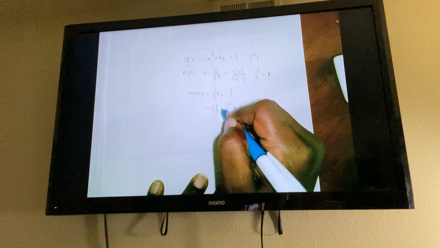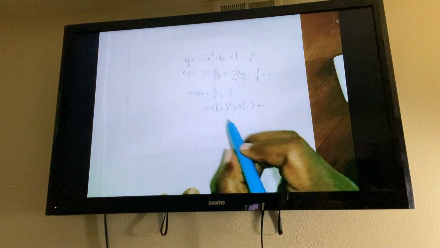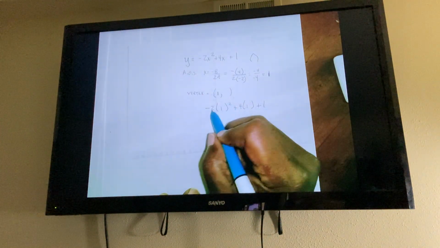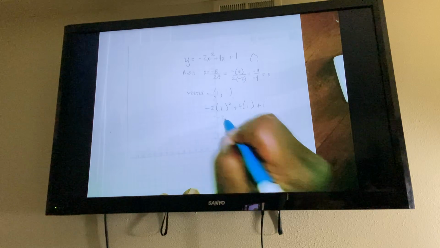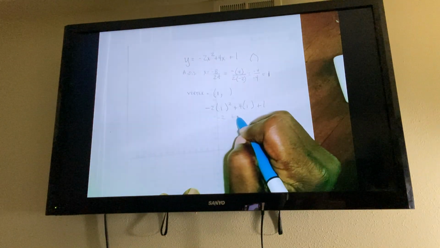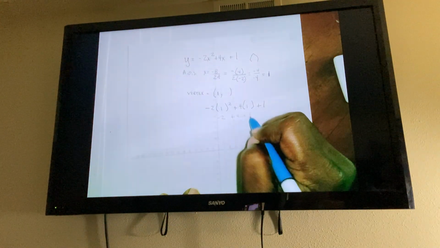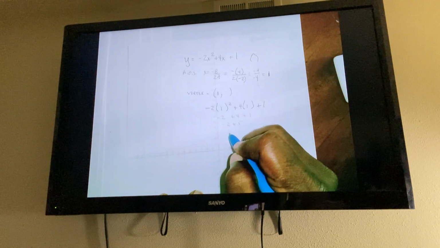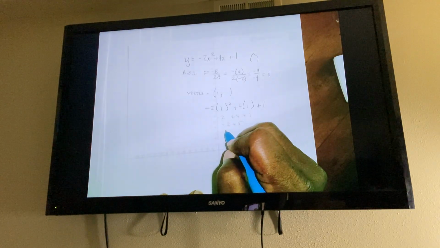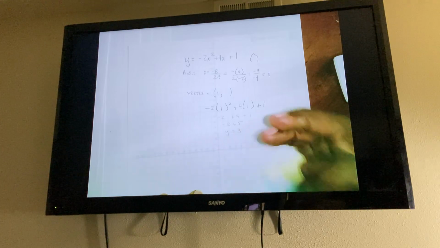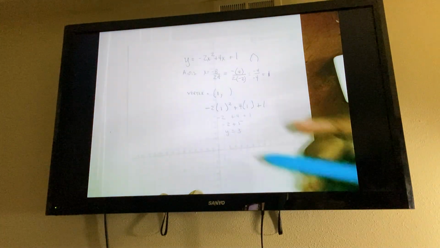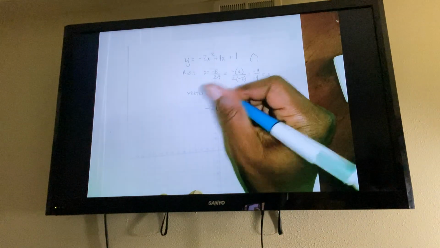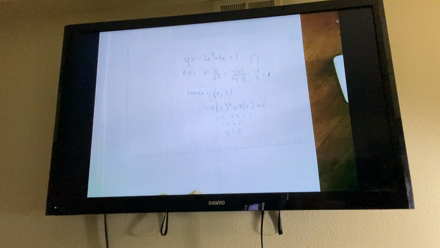Okay, plug in 1. So 1 squared is 1 times negative 2, that's negative 2, plus 4, plus 1, negative 2 plus 5, so y equals 3. So our vertex now we know is at 1, 3.